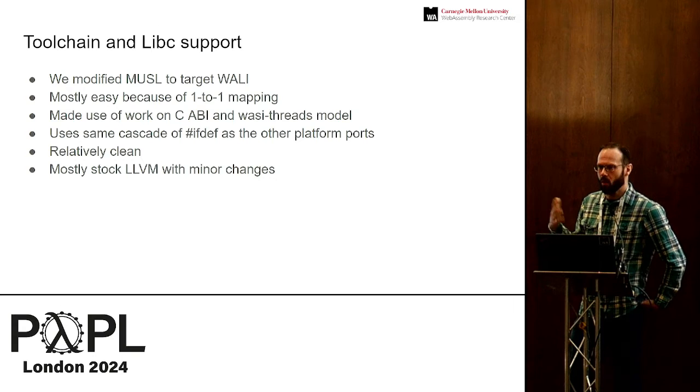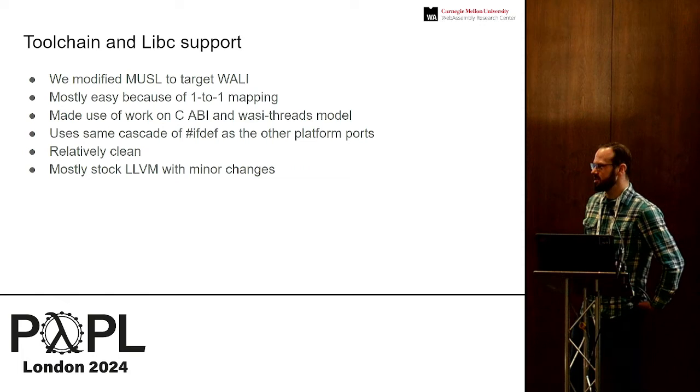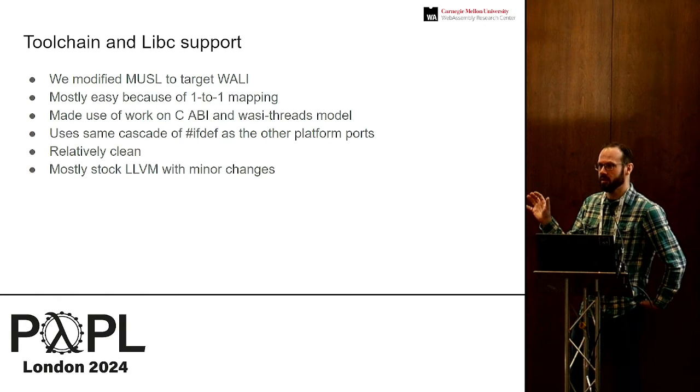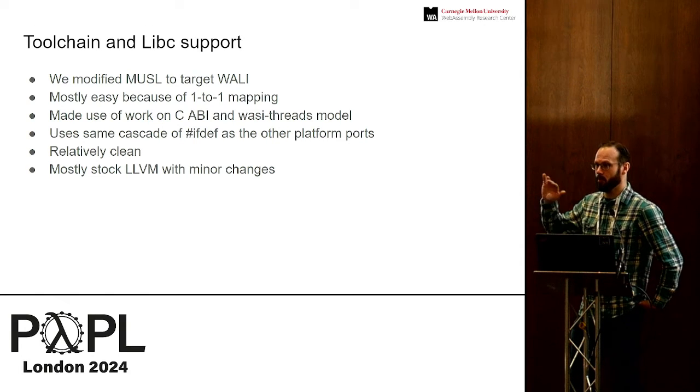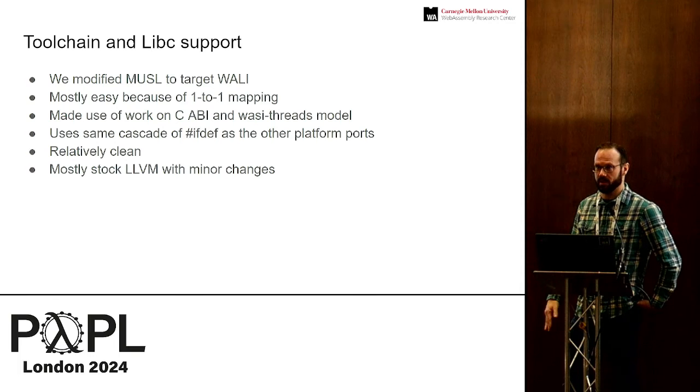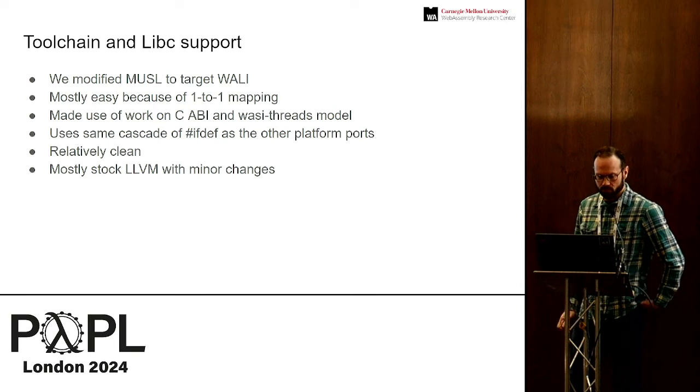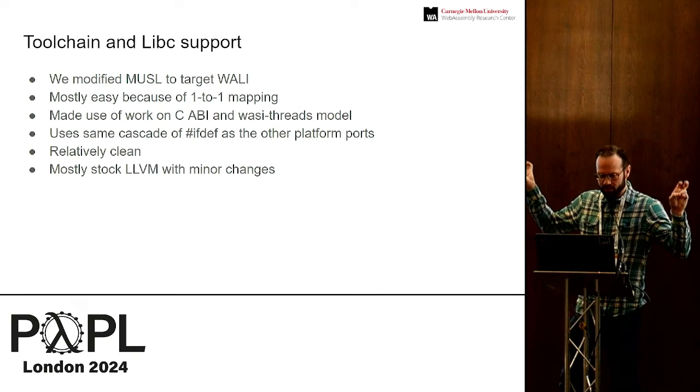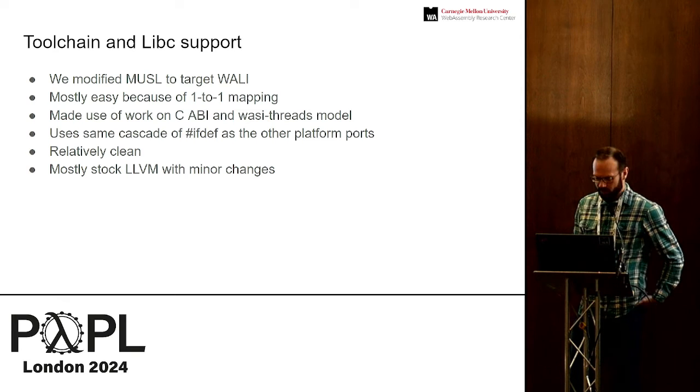All the things in the toolchain for managing the C ABI and for managing threads, we make use of, so we didn't modify that. This is specifically because we chose not to come up with a different system call set, but to have a one-to-one system call set. We could just drop in and everything pretty much just worked. So I call that relatively clean. We mostly use stock LLVM, with some minor changes.